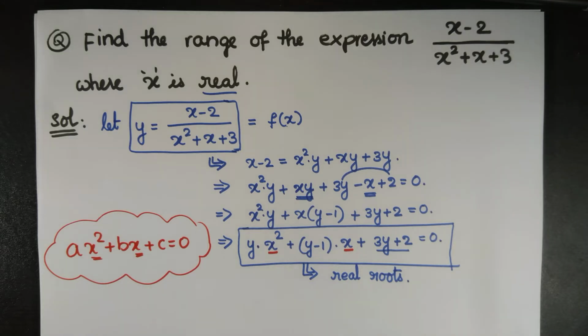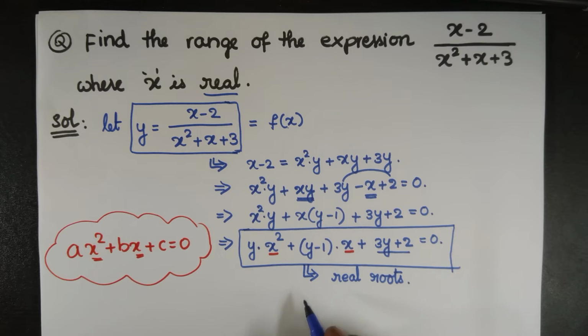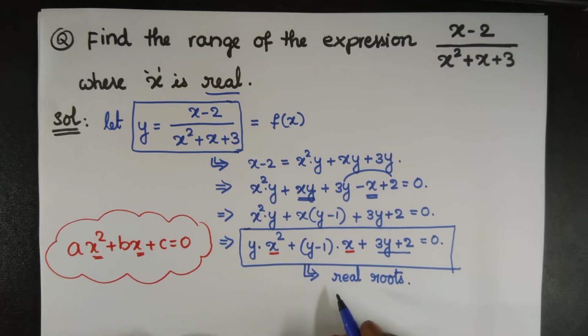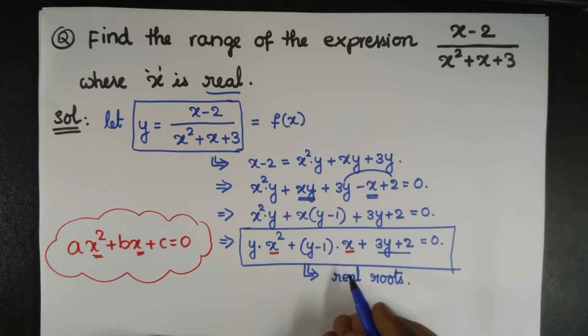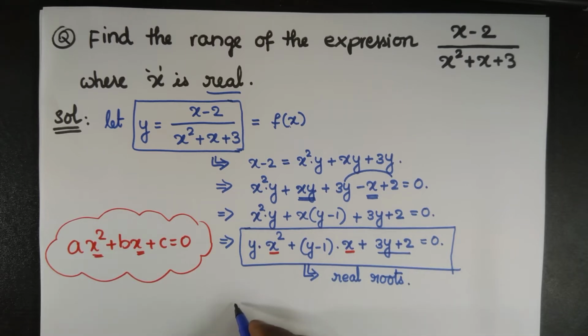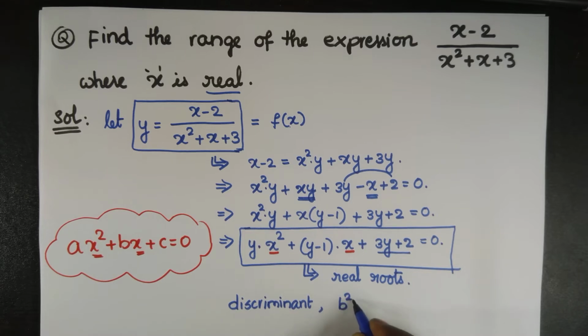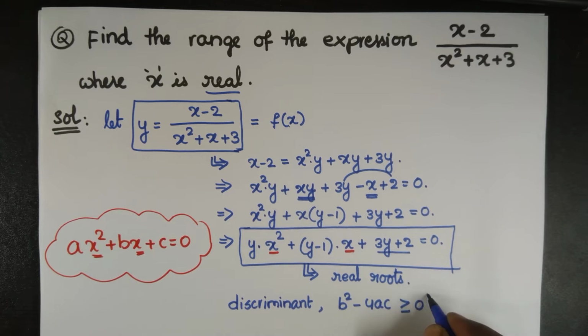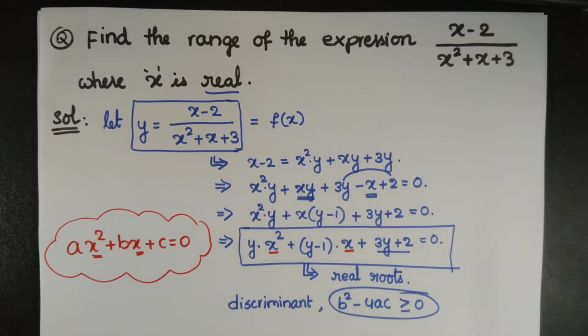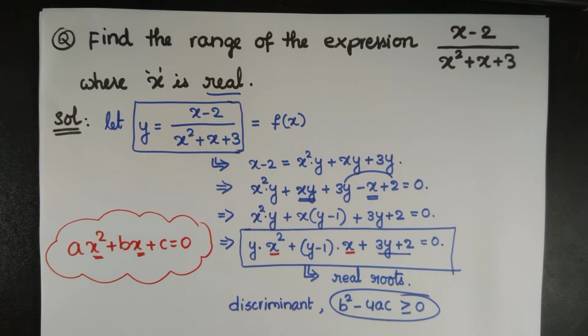In either case we get real roots. When the discriminant is positive, you would get real and distinct roots, and when the discriminant is equal to 0, you will always get real and equal roots. Okay, so you must do this. So the discriminant b squared - 4ac is either positive or equal to 0. So we require this one, right?